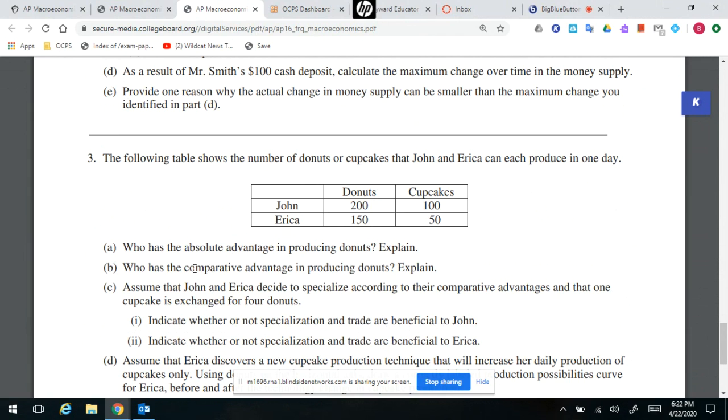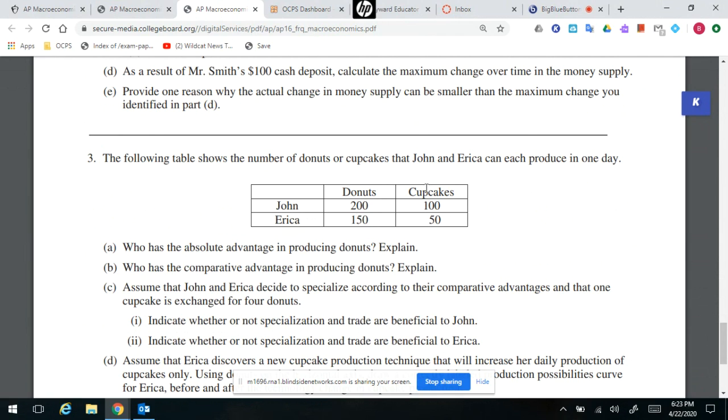The next question here is who has the comparative advantage in producing donuts? Comparative advantage is whoever can produce at the lower opportunity cost. So to look at John and Erica here, John, for every donut that they're making, you can compare this over to the cupcakes and see here that the ratio is 1 donut to half a cupcake, and then for Erica, it's a third of a donut to 1 cupcake.